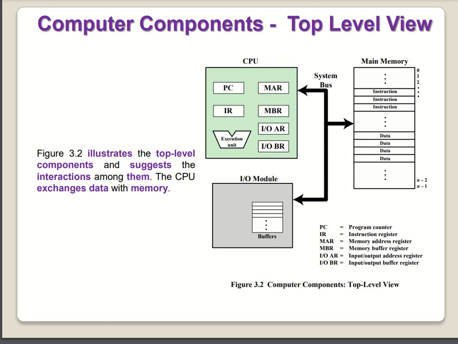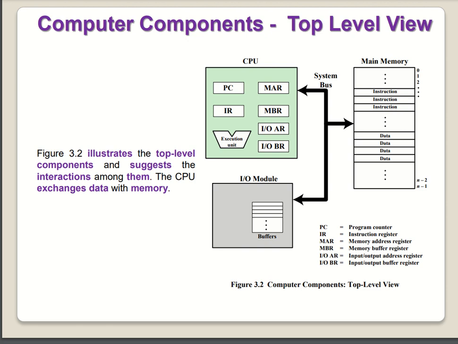Here you may see some terminologies used, especially in the CPU. There are some terms used there: PC, IR, MAR, MBR, IOAR, IOBR. What are they? They are the registers. PC means program counter. IR is the instruction register. MAR, memory address register.